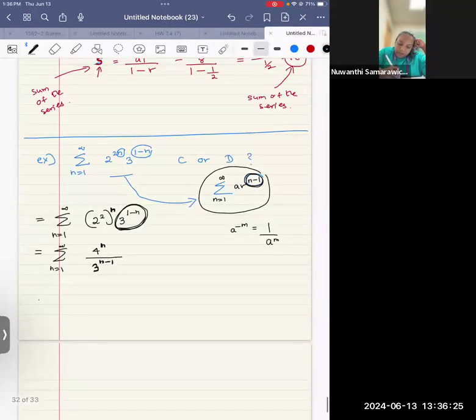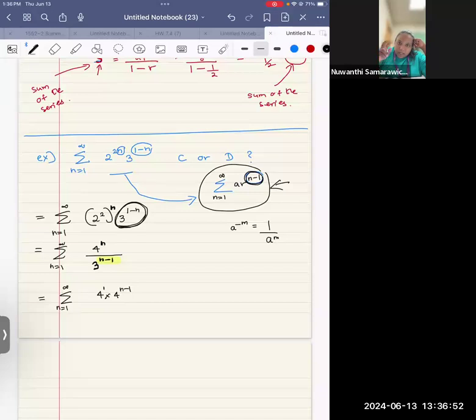Still we are not closer to here, but somewhat we are close, because in the denominator we have n minus 1. Then we can write 4 to the power n as 4 multiplied by 4 to the power n minus 1, because it's the same base, we can add the exponent.